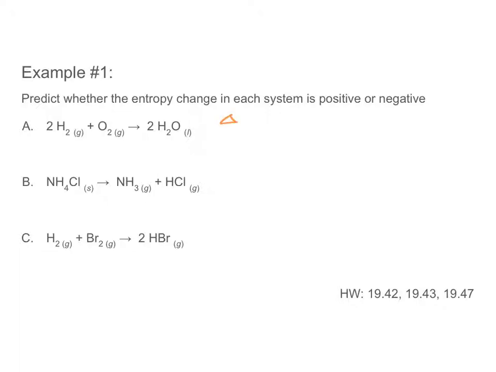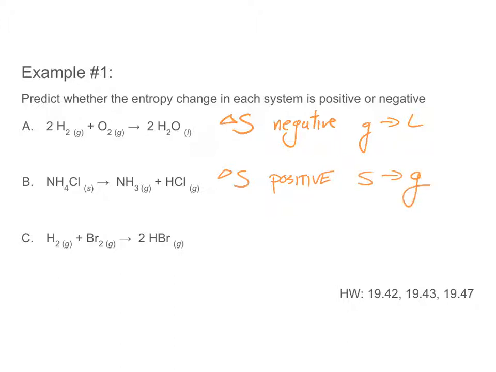So we would say the change in entropy is negative because the gas is going to a liquid. What about a solid forming a gas in a gas? The change in entropy is positive because we have a solid sublimating to a gas.